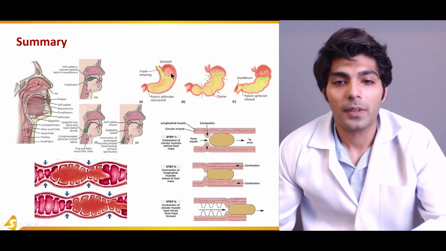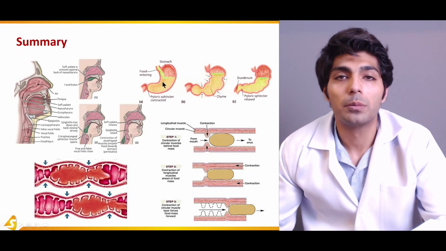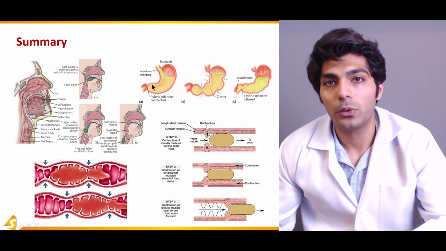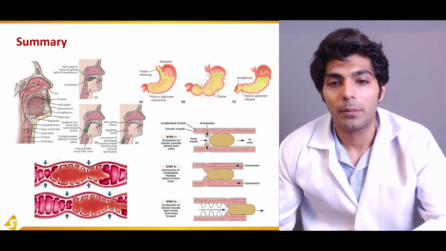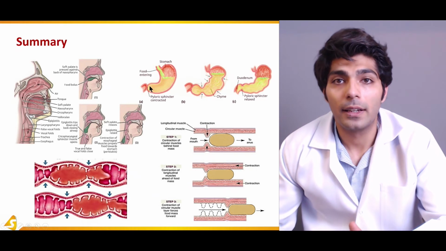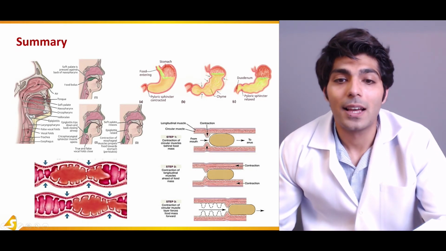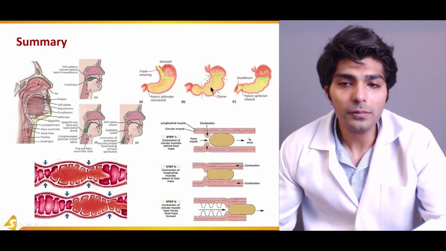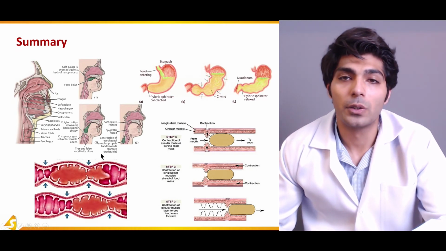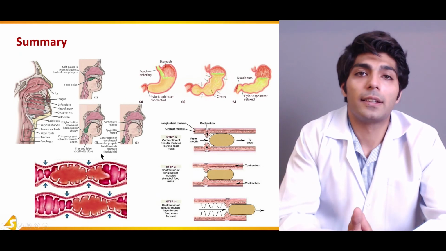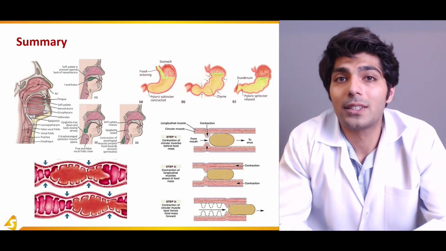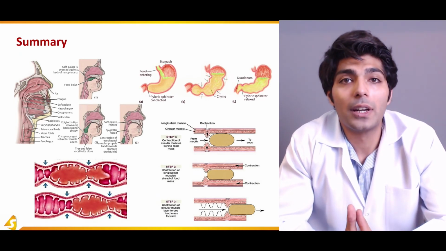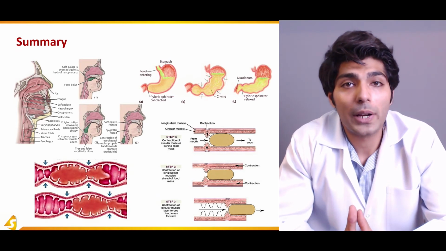Once the chyme is formed, it passes down through the pylorus and moves into the duodenum, where the sphincter becomes relaxed and enterogastric reflexes are initiated by the distension of the duodenum. Once it enters into the duodenum, then the small intestine, contractions occur in the small intestine, which we call segmentation contractions.